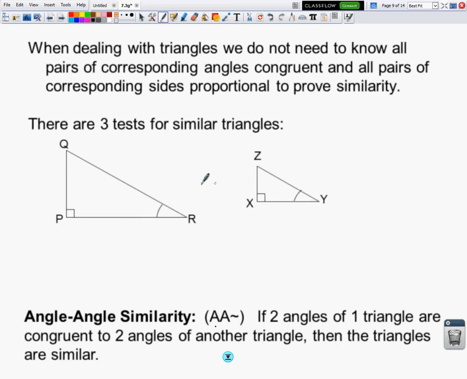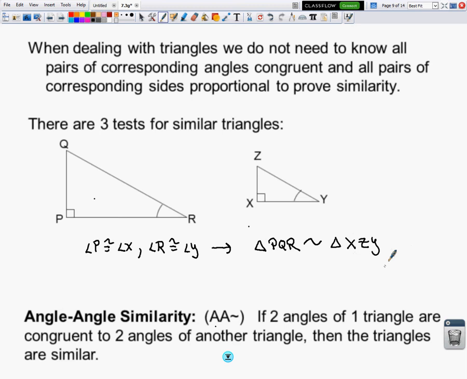similar. If you look at the 2 triangles that are up here, you see that they've given me that angle P is congruent to angle X. They've given me that angle R is congruent to angle Y. And since they've given me these 2 pieces, I know that triangle PQR is similar to, again, the order of this first one would not matter, but the order of the second one does, XZY.